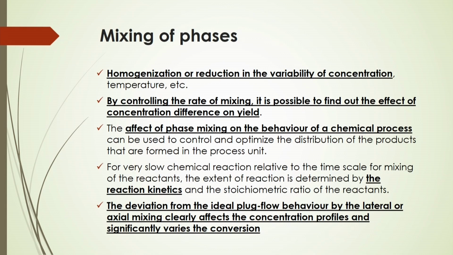The dispersion number is used to calculate the degree of mixing. If the dispersion number is higher, then there will be a higher degree of dispersion. If the dispersion number is lower, it means there will be less mixing.